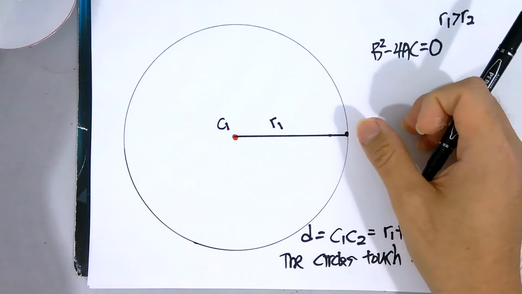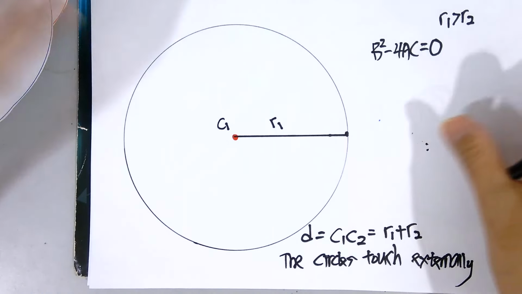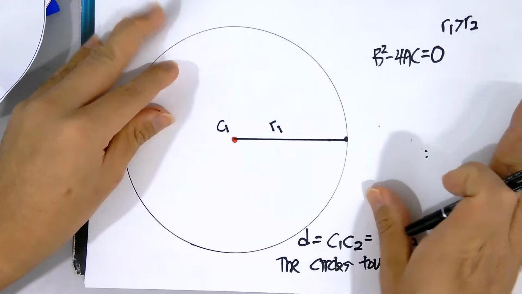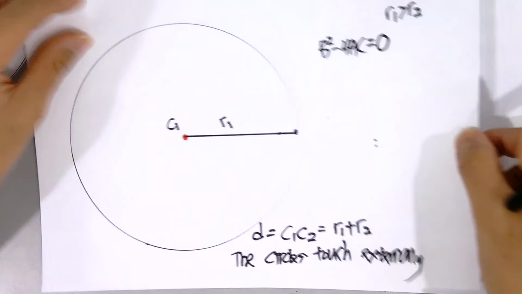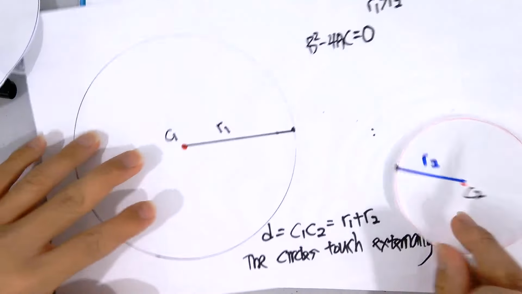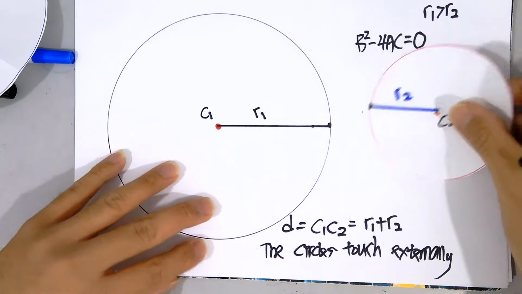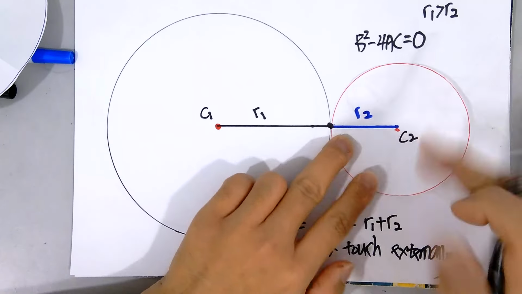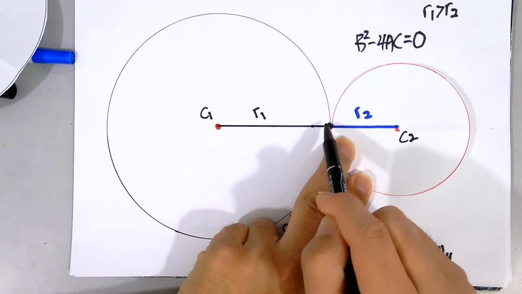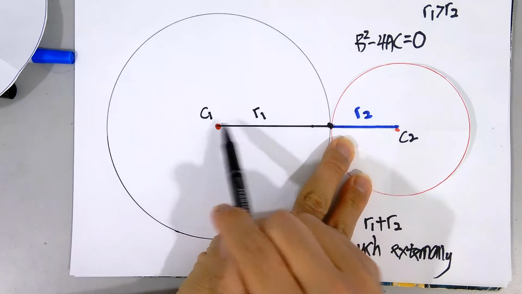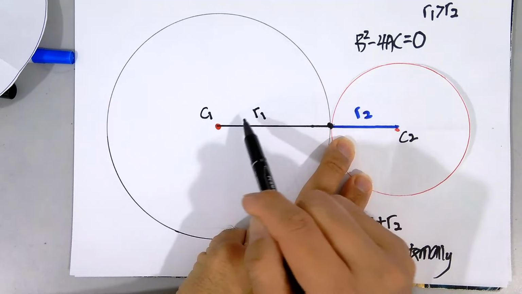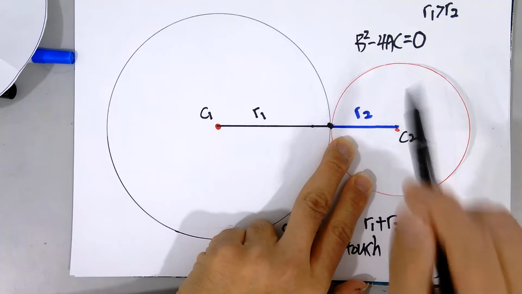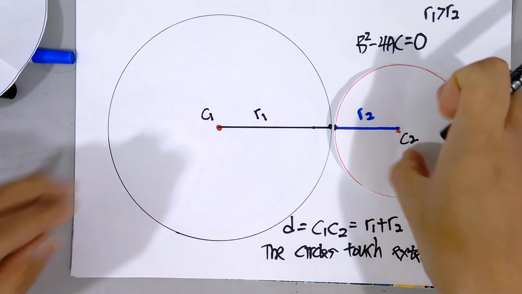Let's see what happens if the circles touch internally. Just now, remember this: if the two circles touch externally, the distance between the centers of the two circles will be the same as the sum of the two radii.